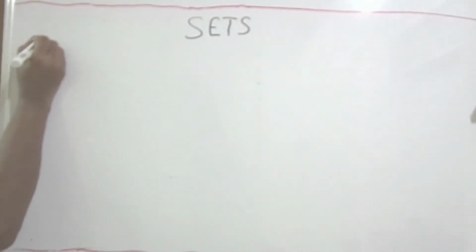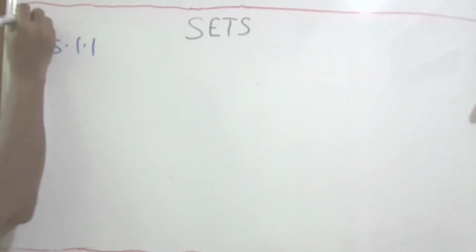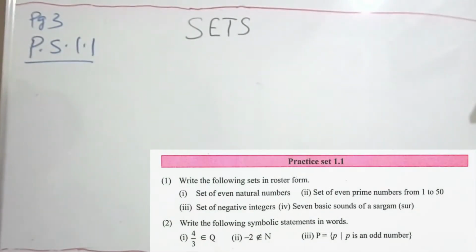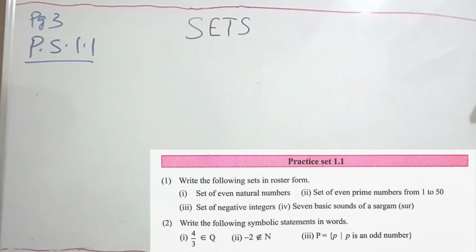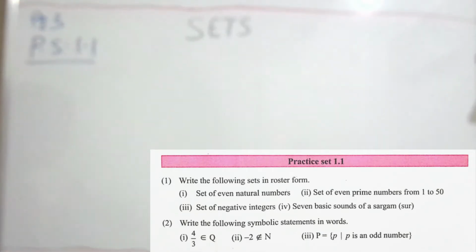Let us go to practice set 1.1, page number 3. Write the following sets in roster form. First one is homework. Second one: set of even prime numbers from 1 to 50.